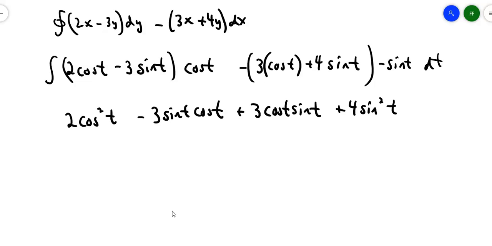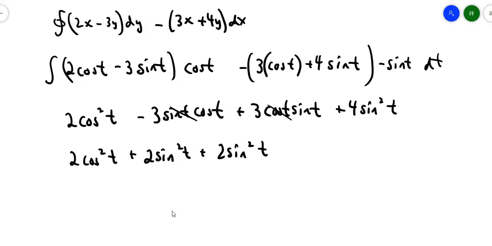Okay. So these two things go away, and I can write this as 2 cosine squared t plus 2 sine squared t plus 2 sine squared t. So I'm taking this 4 sine squared t and splitting it up only because I know if I combine those two things together, I'll get a 2.